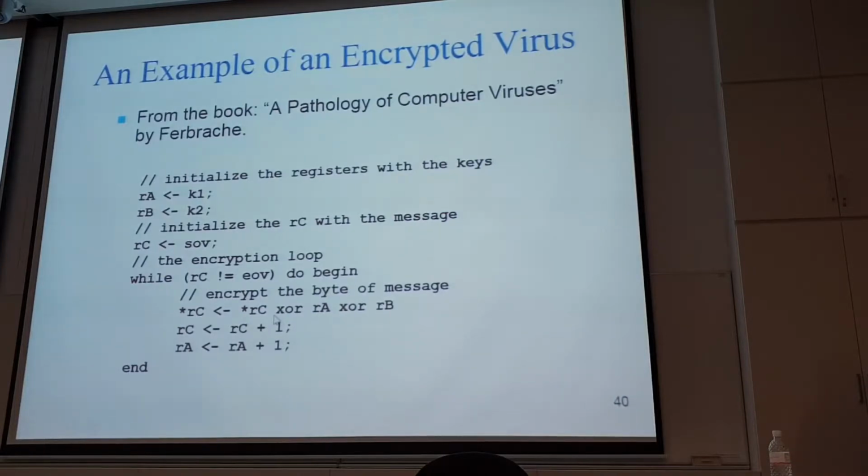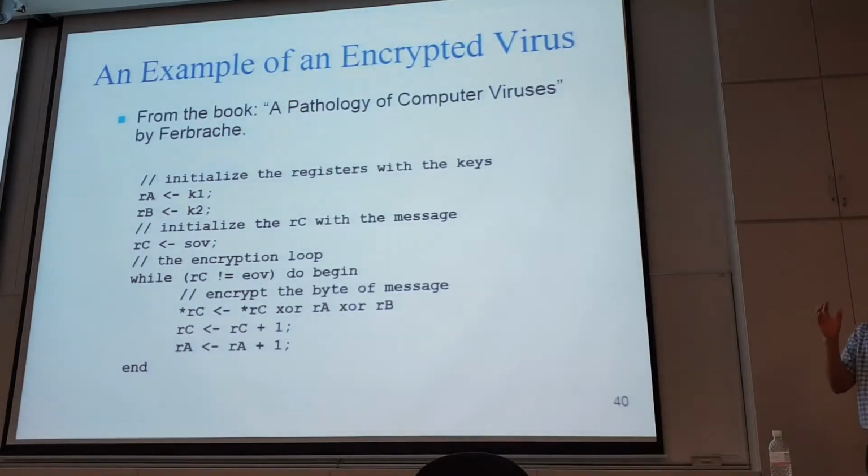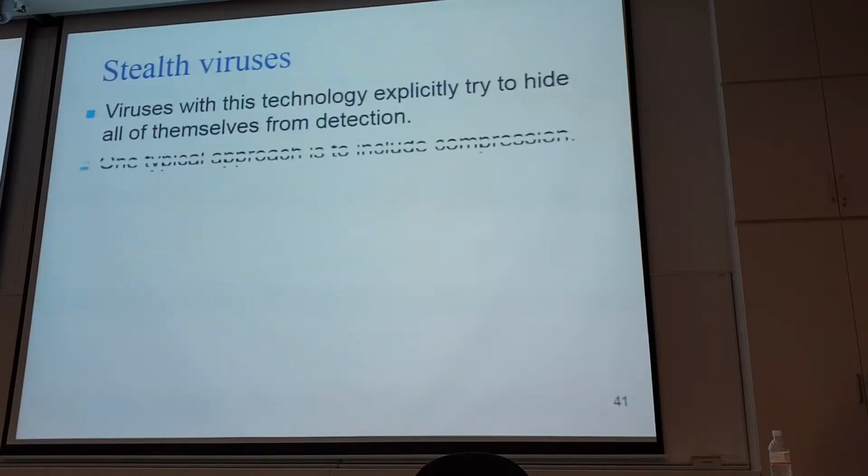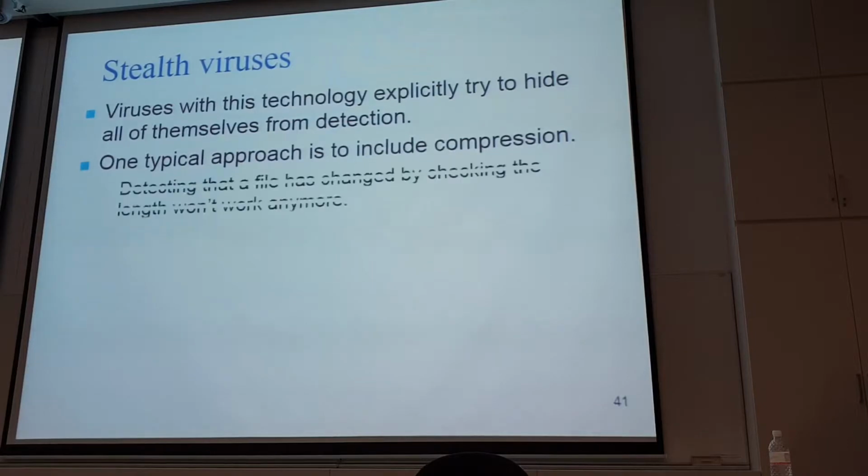It's very simple, because the purpose is just to change the look of the virus, instead of preventing someone from decrypting it. Here we just want to avoid detection instead of making the content very secret.